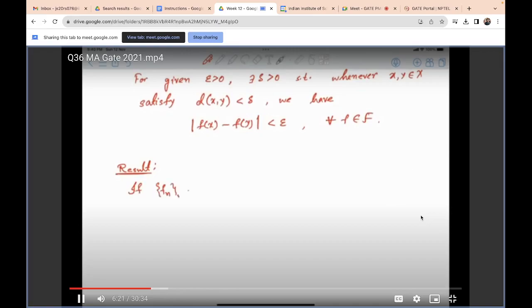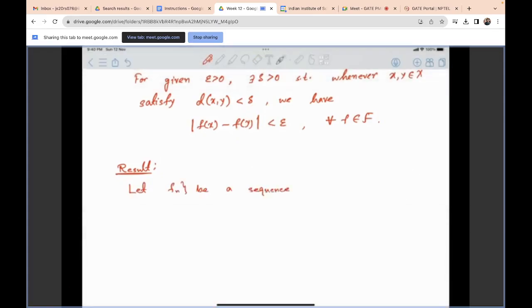The sequence of functions. Let fn be a sequence of continuous functions.